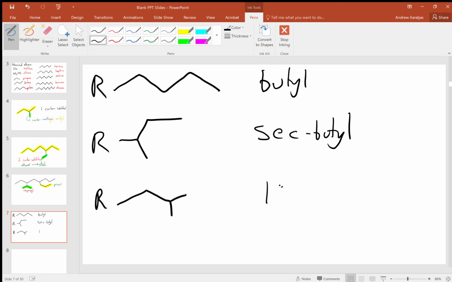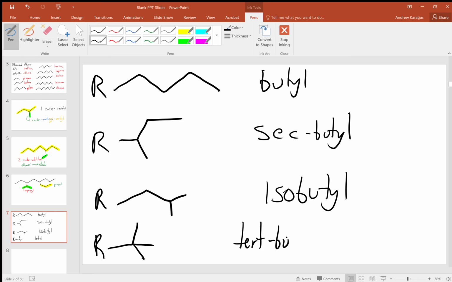We call that isobutyl. And finally, we could arrange the 4 carbons in the substituent like this. And we'd call that a tert or T-butyl.